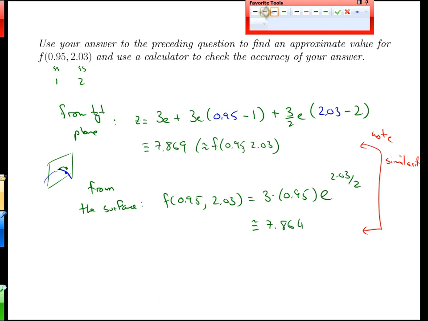One last feature of this example I'd like to bring out is how explicitly we see the delta x here. The point that we did the approximation at was x equals 1. The point we're trying to estimate at is x equals 0.95. And naturally, as part of this combination, we take the difference between those two things. Likewise, in this term, we have a delta y.